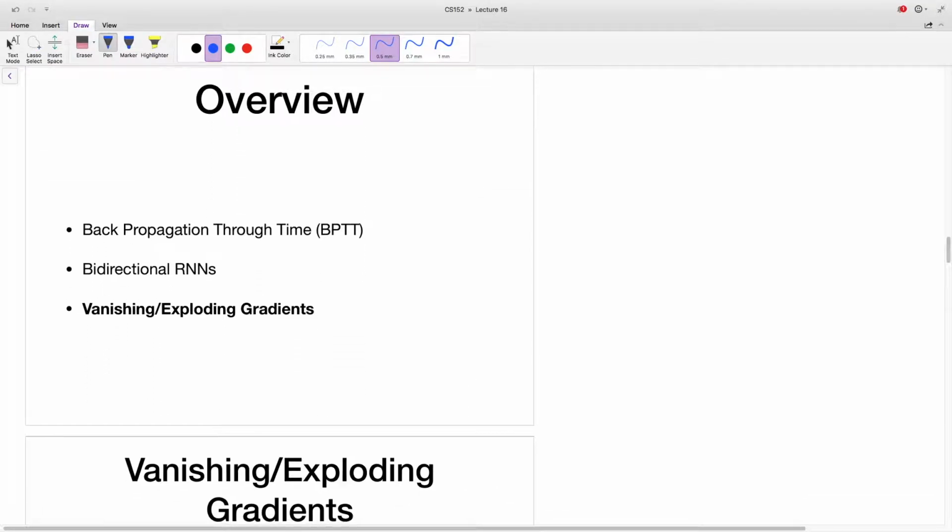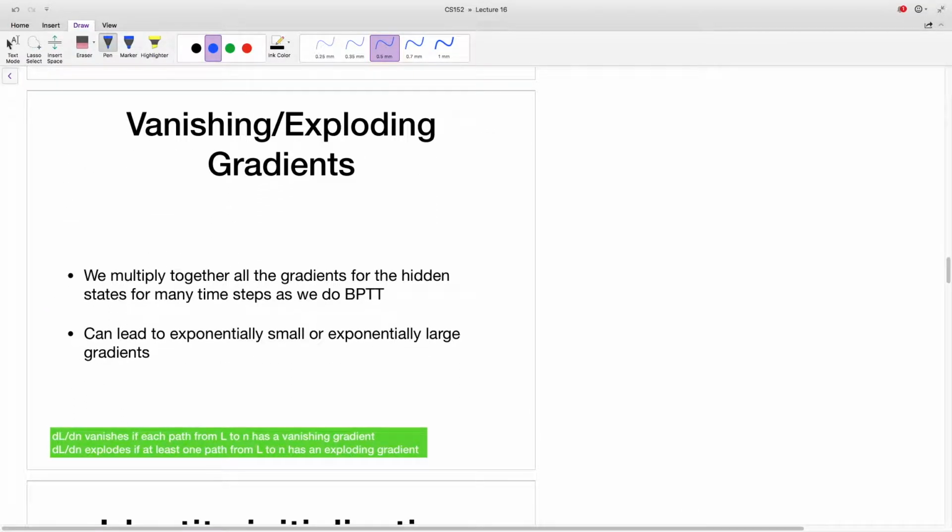Okay. All right, now we get to vanishing and exploding gradients.